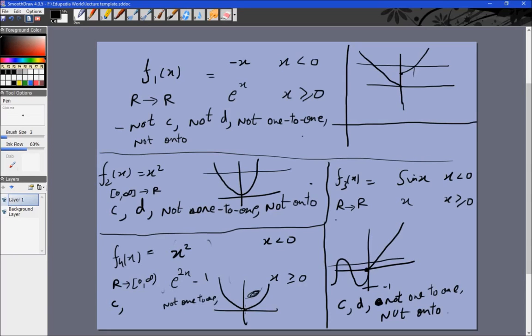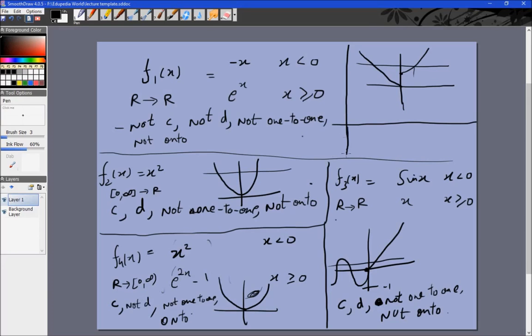They do take the value 0 as well. So they are onto. And what about differentiable? The derivative of this is 2x, which is 0 at x equals 0. The derivative of this is 2 e to the power 2x, which is 2 at x equals 0, because at x equal to 0, both of them give 2. So they are continuous but not differentiable.